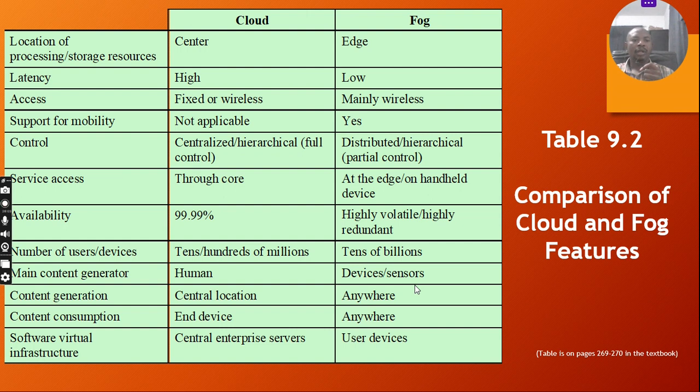The cloud is usually at the center and usually has high latency, while fog is at the edge and has low latency. In terms of access, the cloud network has fixed or wireless access, and the fog networks are usually wireless, and so on. Okay, so you can just take a good look at this.